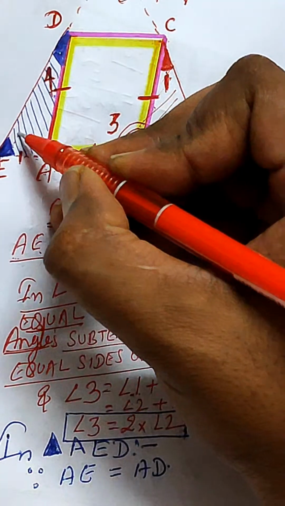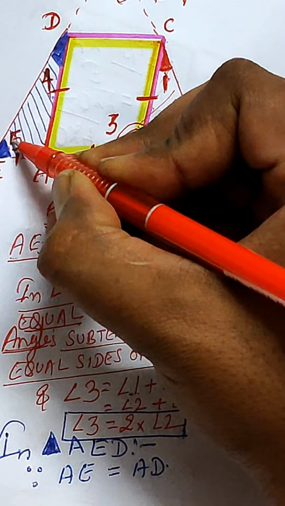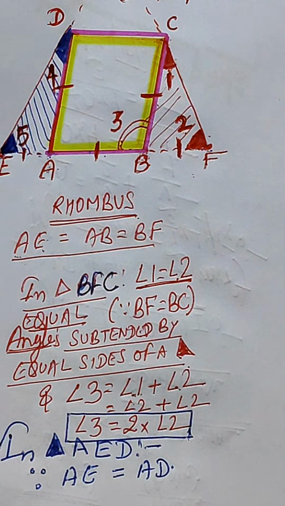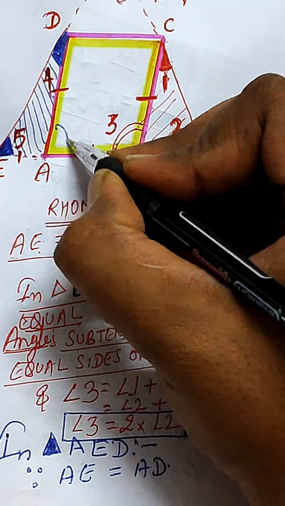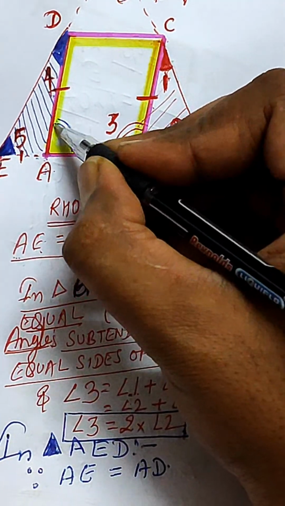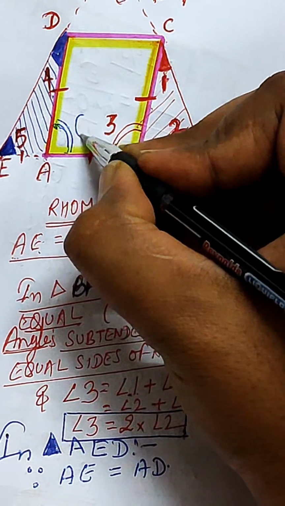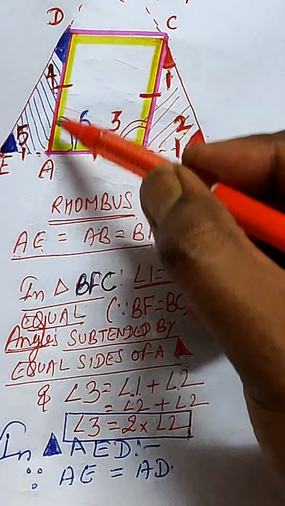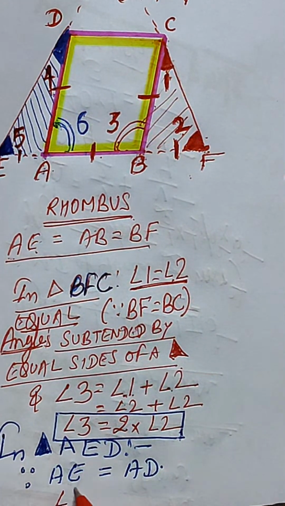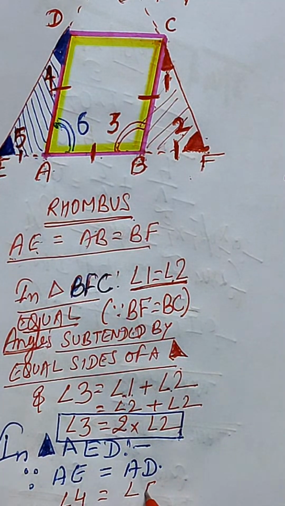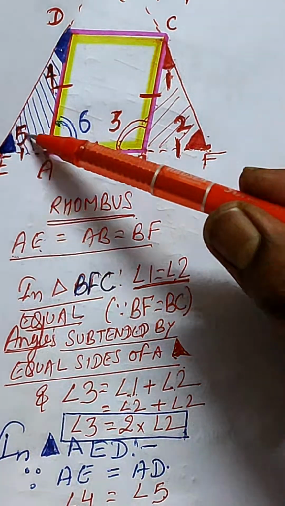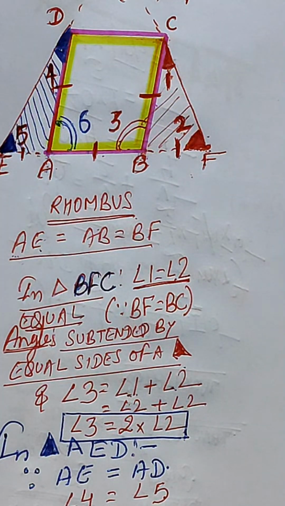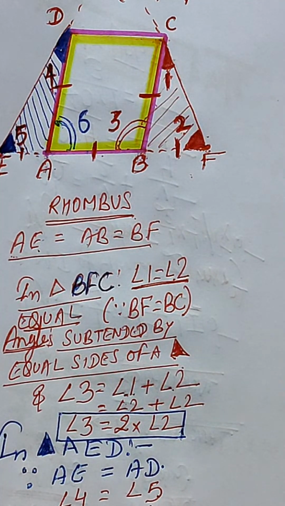And let's say this is angle 5, right? And this angle which is forming external to this is angle 6, right? Now since AE equal to AD, we can say that angle 4 is equal to angle 5, isn't it? Because these are the angles opposite to the equal sides AE and AD, right? Therefore angle 4 equal to angle 5.